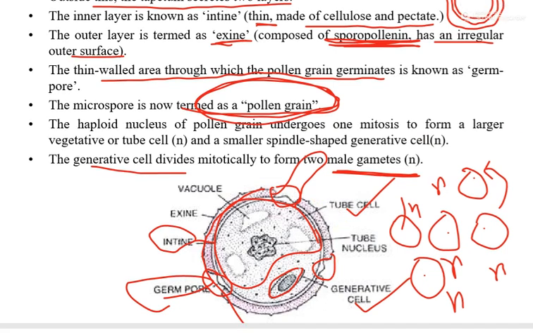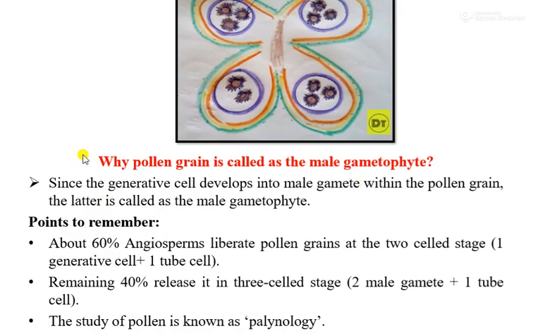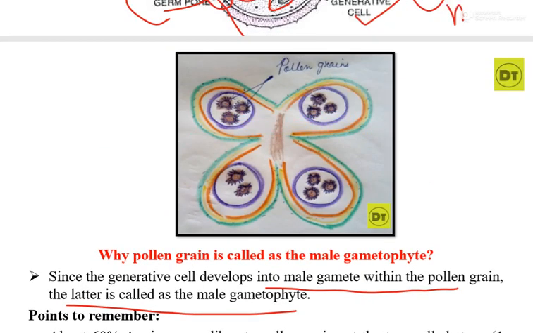For your easy understanding, I have written here why pollen grain is called the male gametophyte. Since the generative cell develops into male gamete within the pollen grain, the pollen grain is called the male gametophyte. So in the previous structure of microsporogenesis, the last stage had four separated microspores, right?